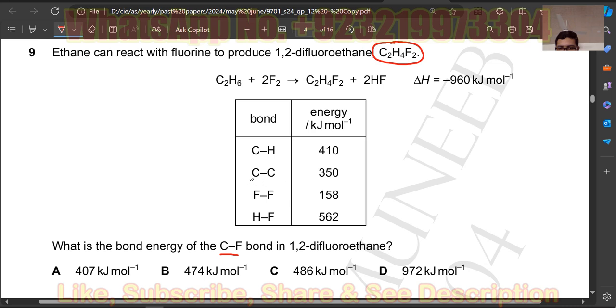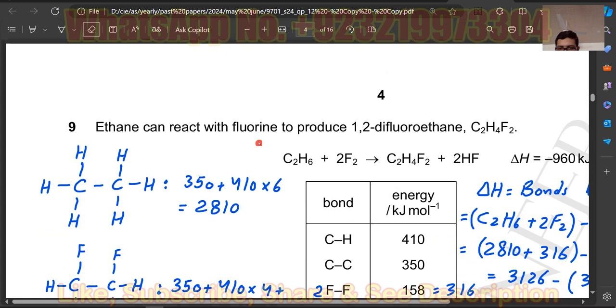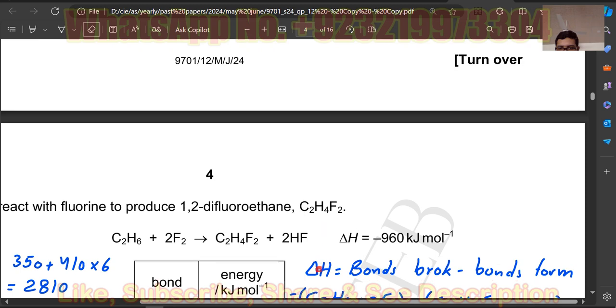Now this is a numerical based question, and we need to do it stepwise. So I'm going to show you the working, and I'll also explain the working. Alright, so here's the working. We need to find the value of the C-F bond. For that purpose, we use this formula, and for my own convenience, I have used these words here: bonds broken minus bond formation.